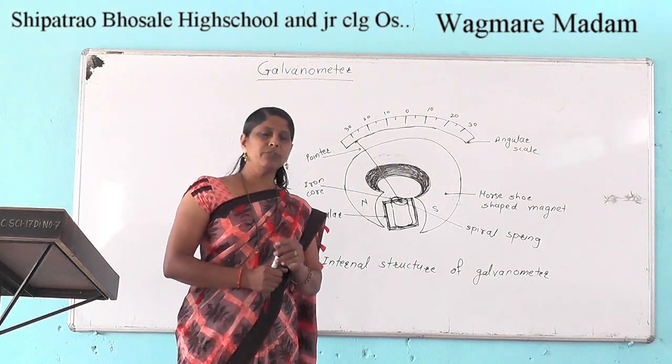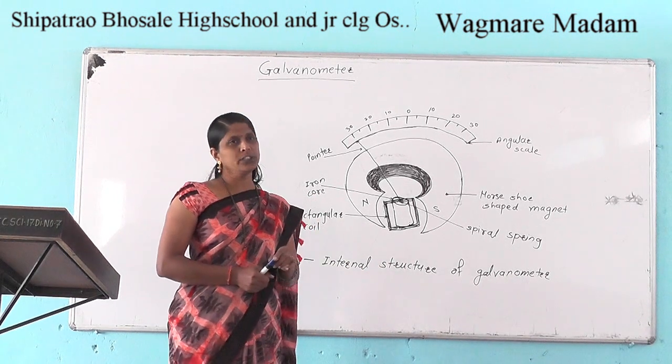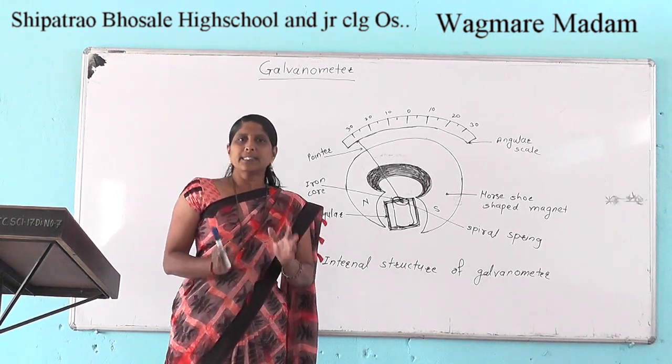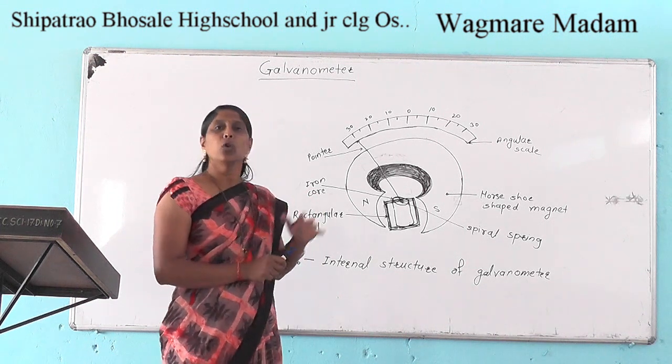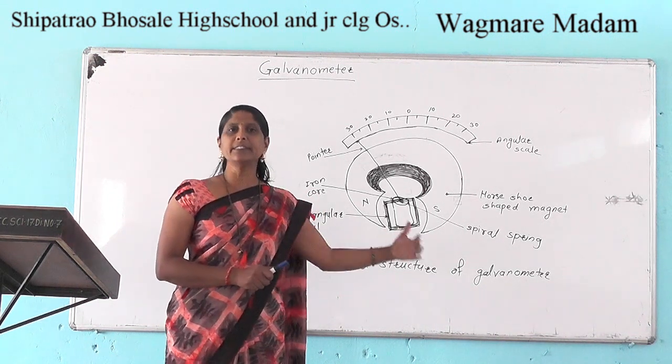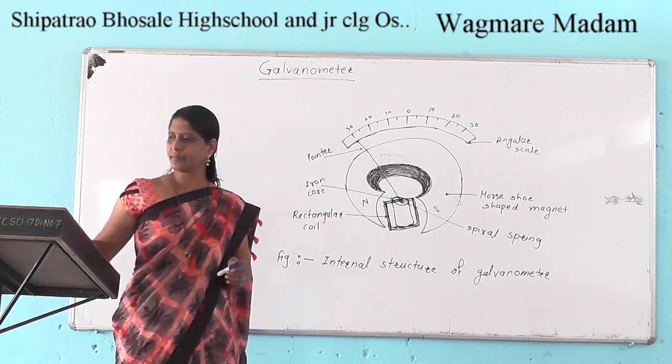This galvanometer is a very sensitive device. Instead of an ammeter we can use the galvanometer, but some changes are required to use the galvanometer instead of an ammeter or voltmeter.